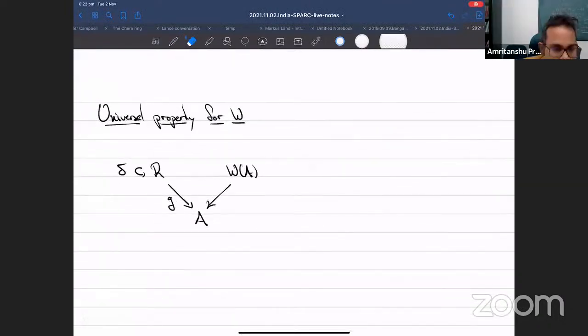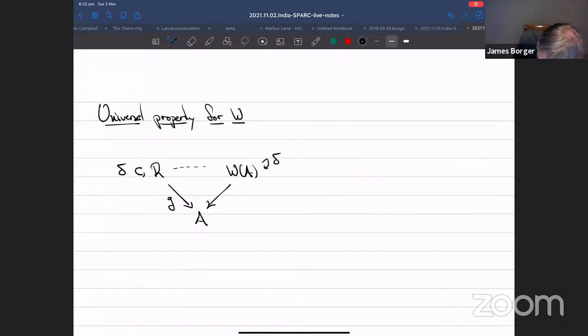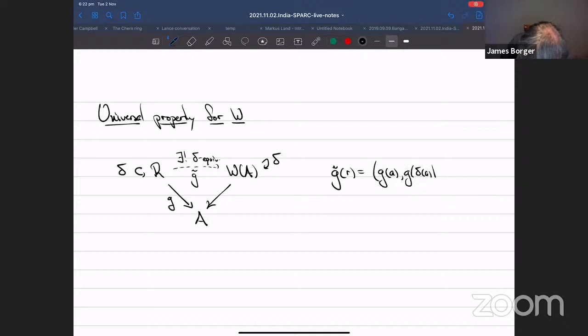We have delta, and the property is that there exists a unique lift which is delta equivariant. So G tilde of R, just as before, will be the vector consisting of G of all the derivatives.